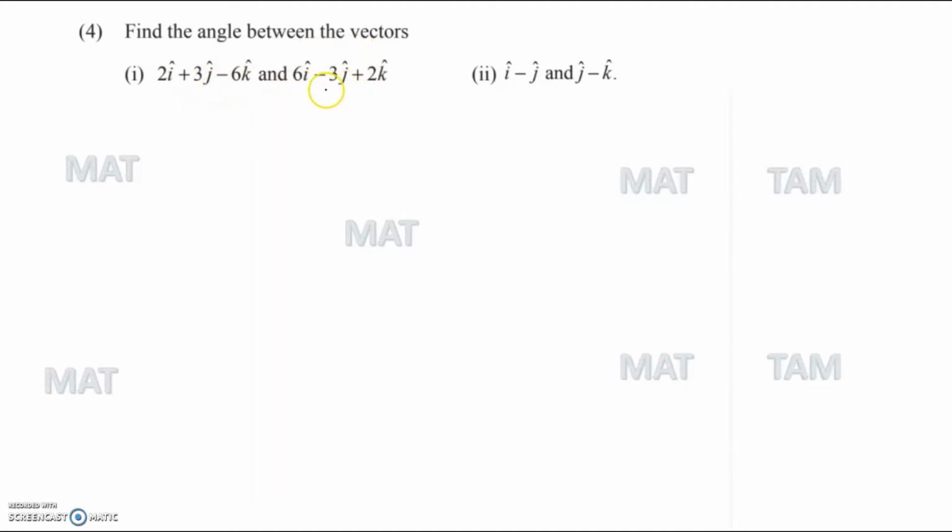There are 2 vectors given in question number 1 and 2 given here in 2. So let's do the first one.